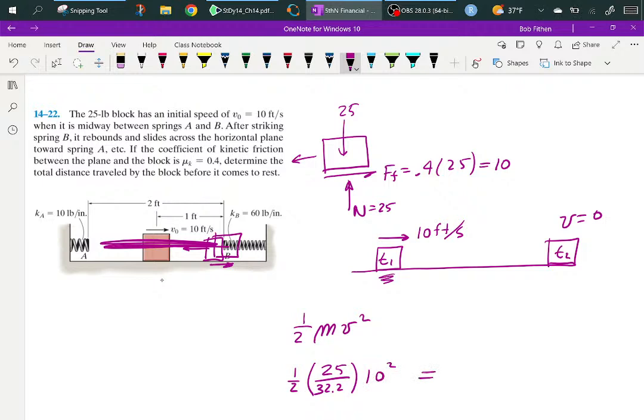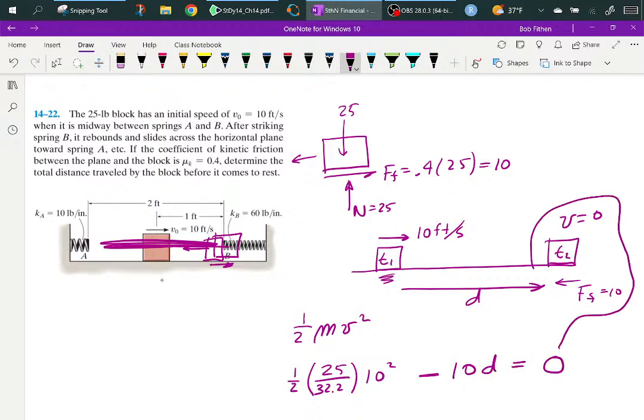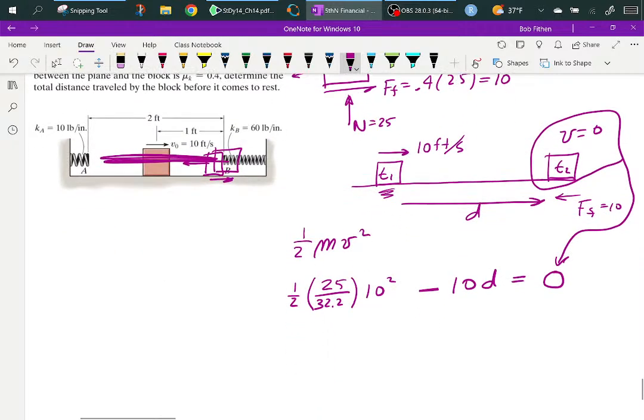equals the amount of distance it went and the frictional force of 10 pounds. Okay, so this would be minus the frictional force of 10 pounds times the distance, equal to the final energy state here at 2, where it's lost all of its energy.